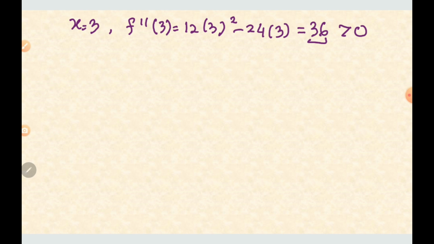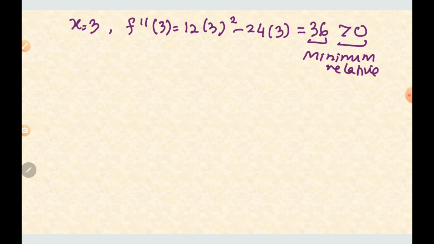So f double prime of 3 is 12 times 3 squared minus 24 times 3, and the answer is 36. 36 is more than 0. So we can say that at x equals 3 we have a relative minimum.